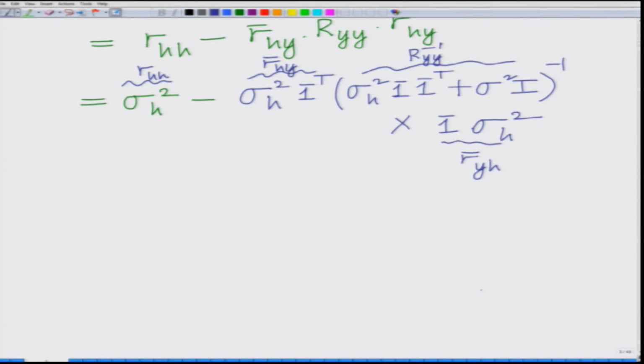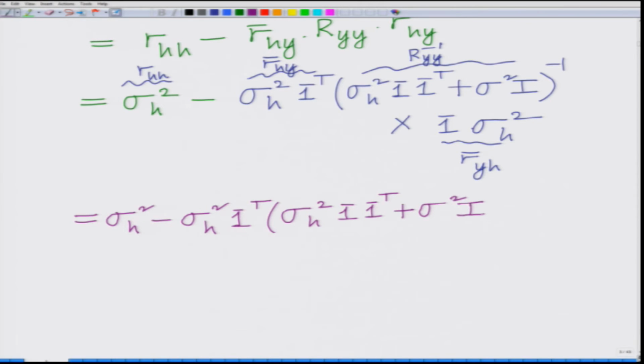Okay, so now we have this expression, which is sigma_h square minus sigma_h square 1 bar transpose into the inverse of (sigma_h square 1 bar 1 bar transpose plus sigma square identity) into 1 bar times sigma_h square.